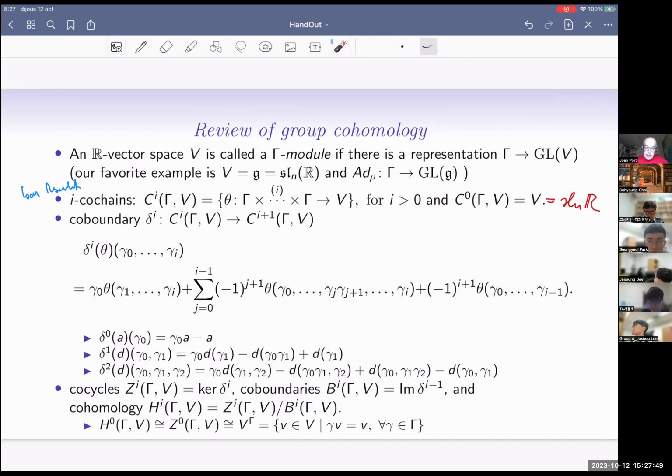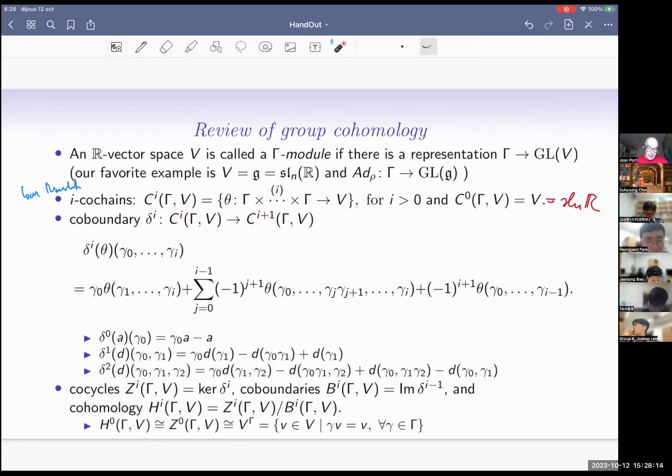And there is a coboundary map that, well, I don't need this full expression. That's something that you can find standard in many books. I just want to use the expression in lower dimensions, 0, 1, and 2, because these are the groups I need. So the first coboundary is from 0 to 1.